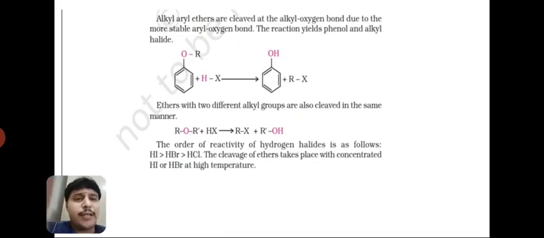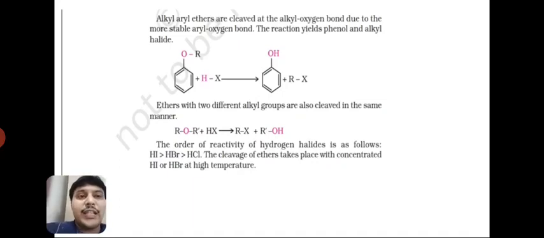The reason is the bond length. The bond length of H-I is greater than that of HBr and HCl. When bond length is greater, bond enthalpy is less, so the bond breaks easily.